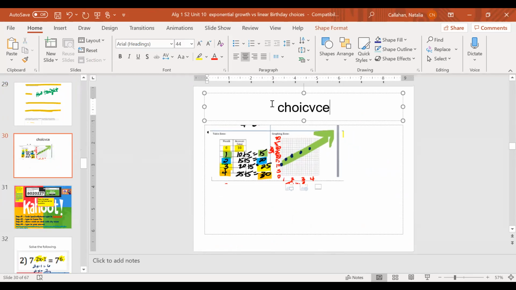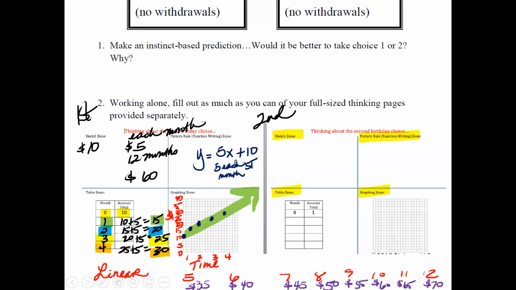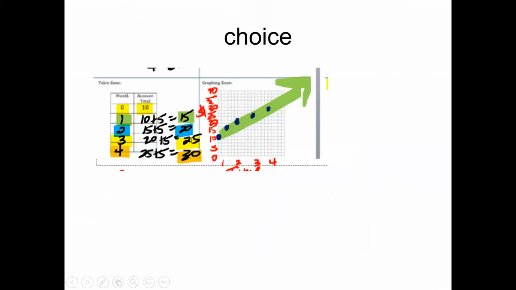Okay, so if you were to actually use choice 1, this is what it is. With choice 1, we are going to keep on adding that $5 every single month. And so by month 5, you're going to get $35. Month 6, $40. Month 7, $45. Month 8, $50.